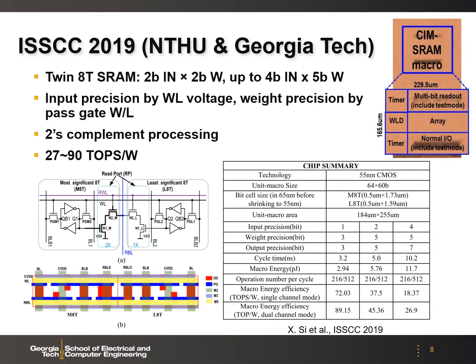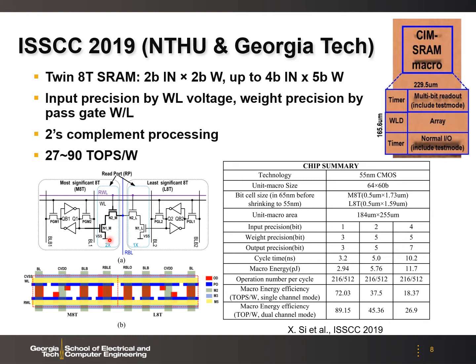This is an improved design published at ISSCC 2019. So the design is to support multi-bit MAC operations. The key idea is to use this twin 8T SRAM bit cell, where we have MSB 8T cell and LSB 8T cell. So the trick is to size up the W over L of those two passgates of the MSB cell.